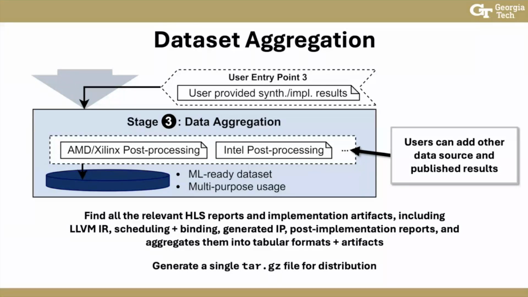For any artifact-style data like files, they organize them into proper directories, and then essentially tar.gz everything into one file and hand it off to you. So you can just take that and, like I said, use it for downstream research. One interesting thing is that, let's say there are published results from some other source or paper. You can also pull in that data during the data aggregation step.